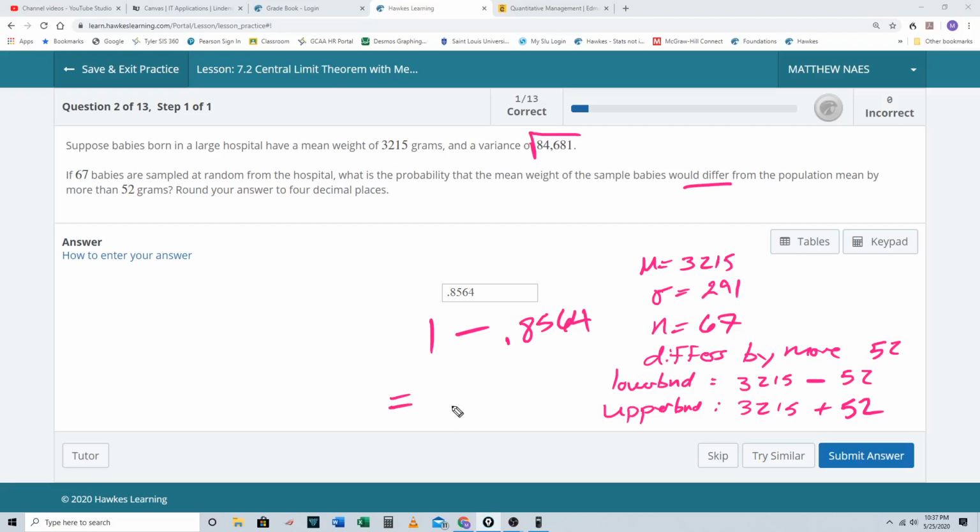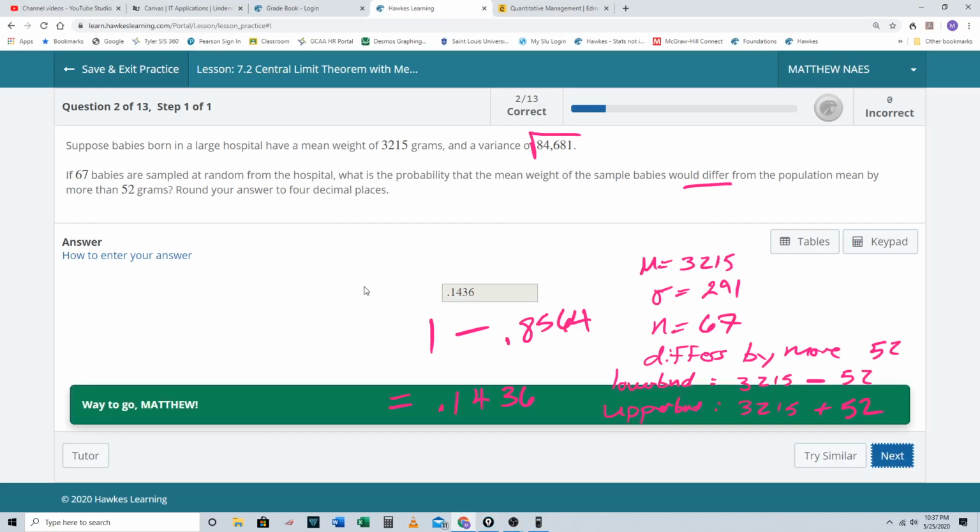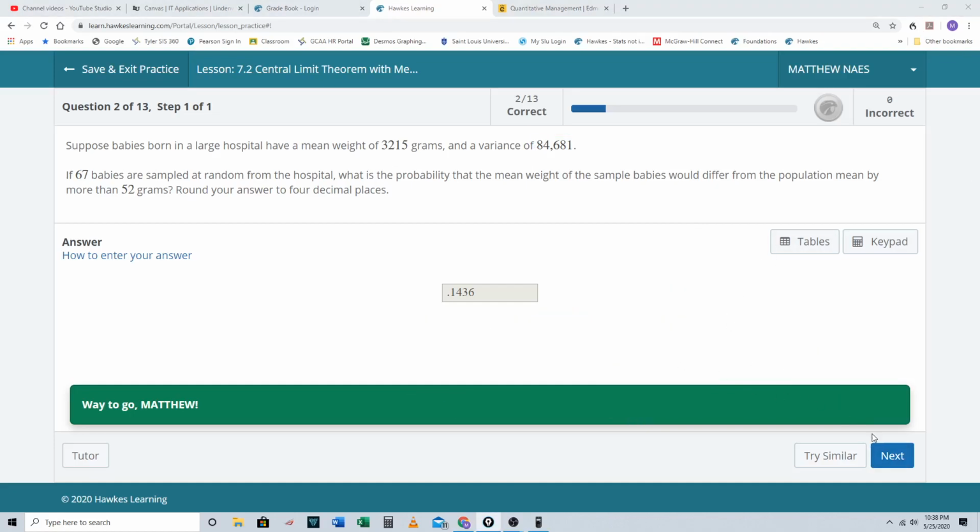And that is going to be 0.1436. And there it is. So we got a differs by more than question down. All right, next.